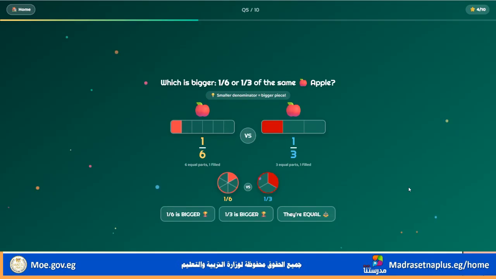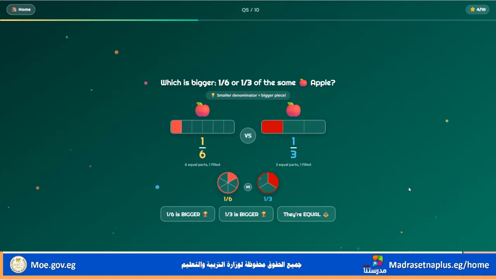Which is bigger, 6th or 3rd of the same apple? Okay. If we have an apple, I divide it into parts. One of them is 1/3 of it, the other is 1/6 of it. Which one do you prefer? Which one will you get? Oh, apple is delicious. Yes, so I prefer to get 1/3. Why?